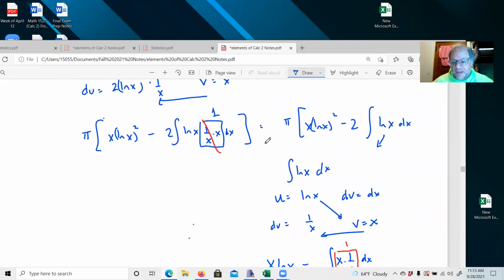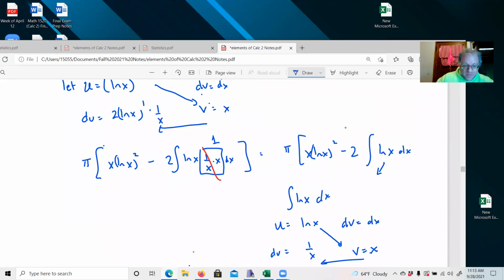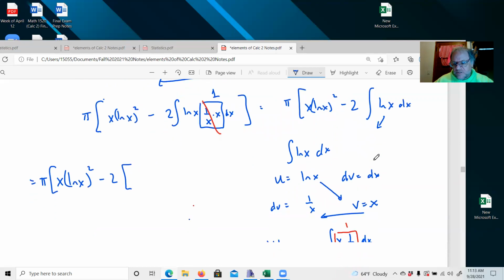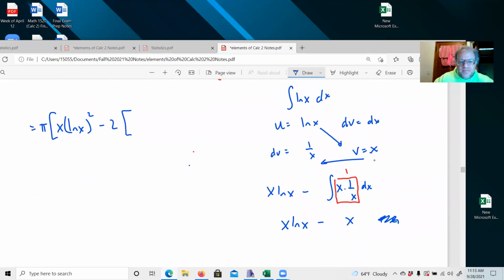Okay, so let's go back up to here. So we have equals pi x ln x squared, we're stuck with that, minus 2. What was the integral of natural log x? It was x ln x minus x.